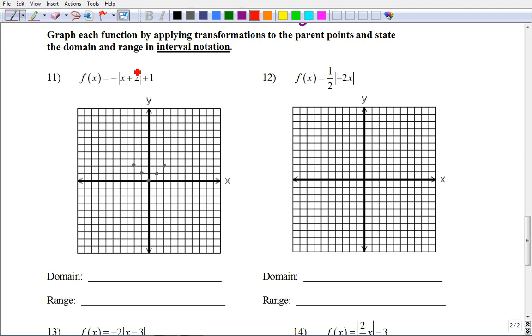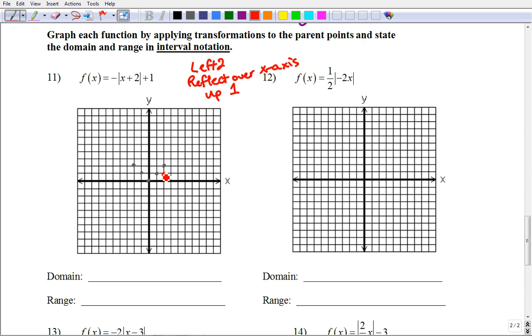So left and right, looks like we're going to the left 2. Then we're not multiplying x's, we're multiplying the y values, which are going to reflect over the x-axis. And then we're going to go up 1. So taking each of these points, we're going to go to the left 2, reflect over the x, up 1.